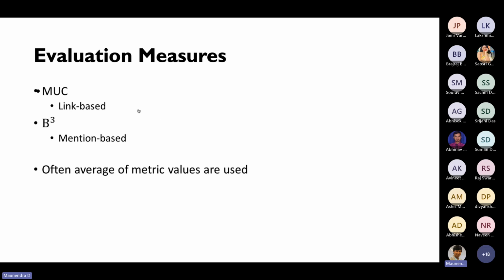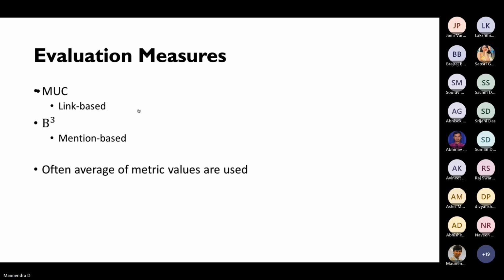The first technique here is called MUC or the MUC F measure, which is very similar to the F measure, but what we are comparing changes.